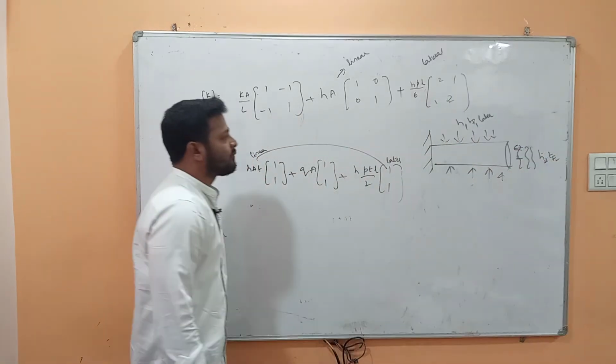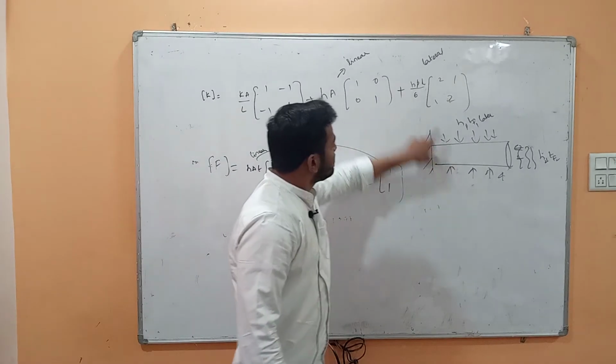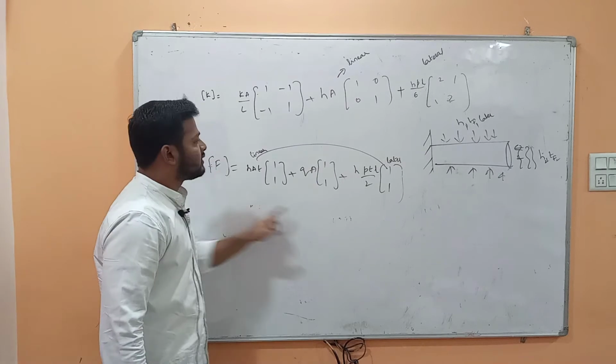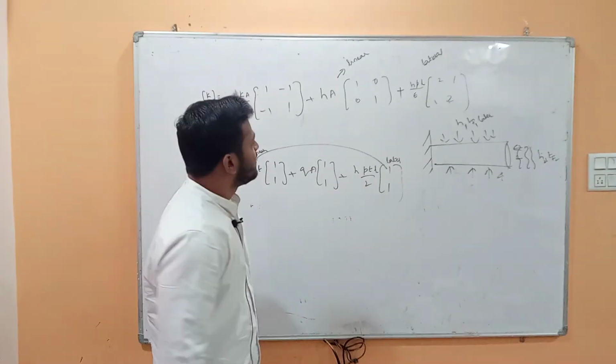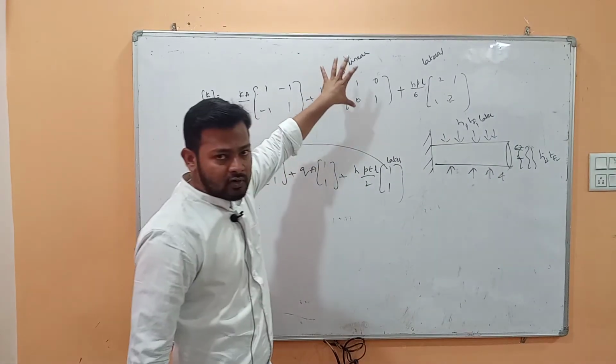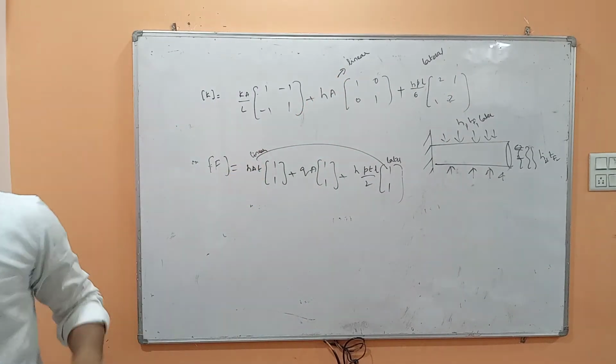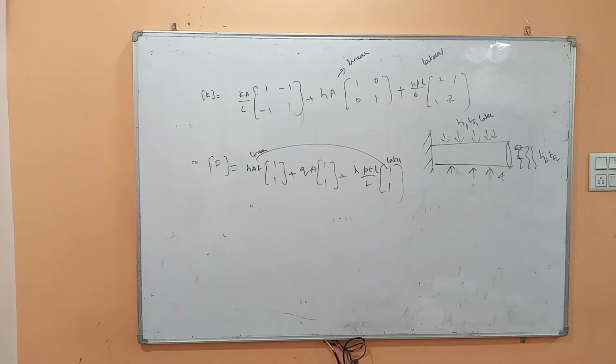So in this type of problems, for lateral direction we have to take this in the K matrix and this in the F matrix. In linear direction you have to take this, which you have already taken in the wall problems, and this in the force matrix. Okay. So we are going to solve these fin problems.